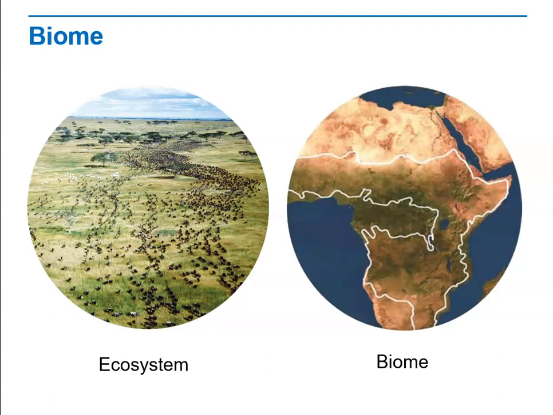What makes up that desert environment? What lives in the desert in general? What the terrain is like? What the weather is like? So we can see here an outlined part of the African continent where the ecosystems are similar, but that's clearly much bigger than an ecosystem.